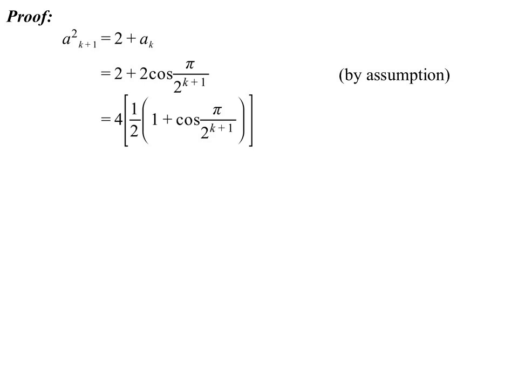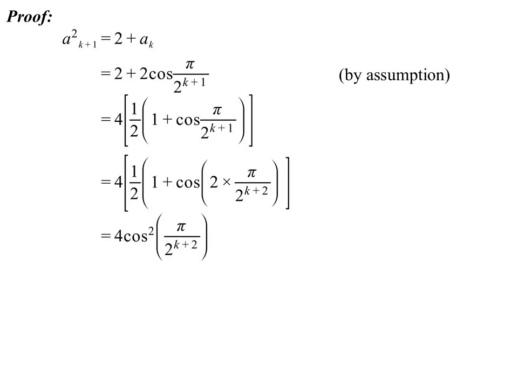I'm going to rewrite this in an interesting way. There's a common factor of 2 there. But rather than pulling out a common factor of 2, I put out a common factor of 4 and a common factor of a half. Weird. Why? Because now I'm going to say, hang on, the cos of pi on 2 to the power of k plus 1 is the same as saying cos of 2 times pi on 2 to the power of k plus 2. And look what I've got. A half of 1 plus cos 2 theta.